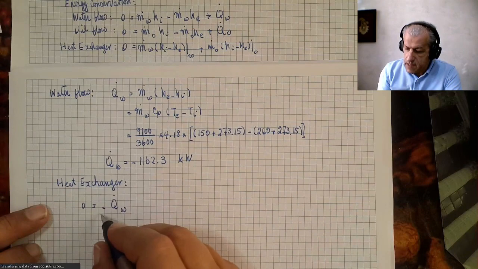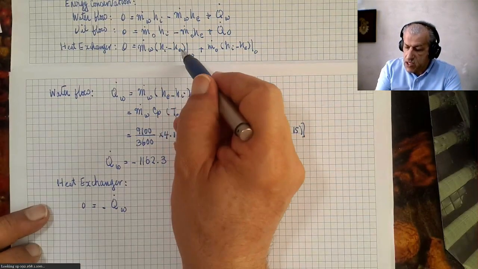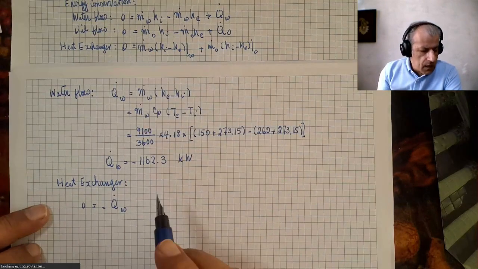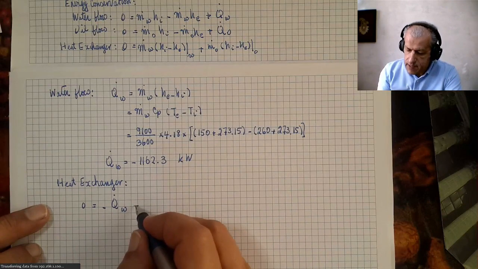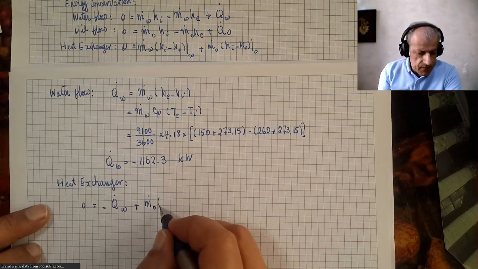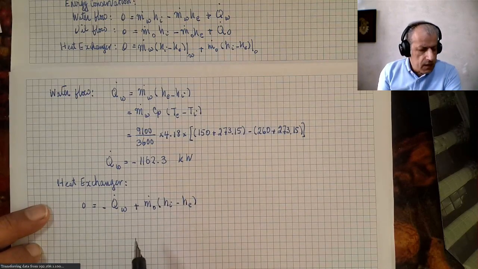The minus sign comes from the fact that here we have HI minus HE, and so we have just moved the Q dot water to the other side, plus M dot O times HI minus HE.